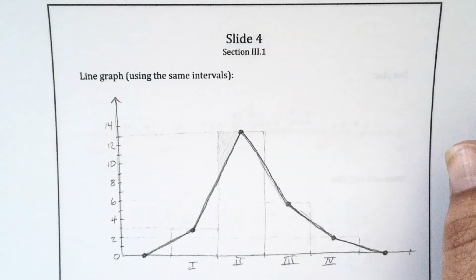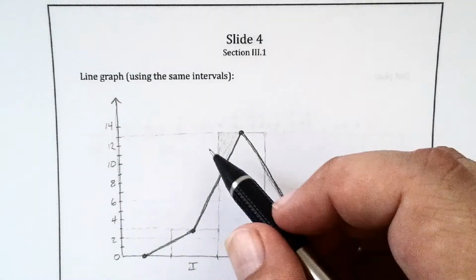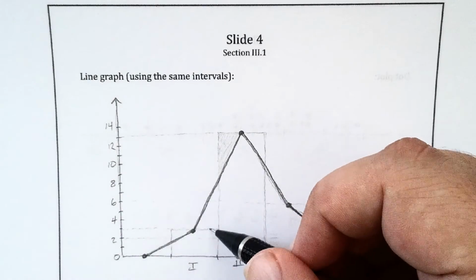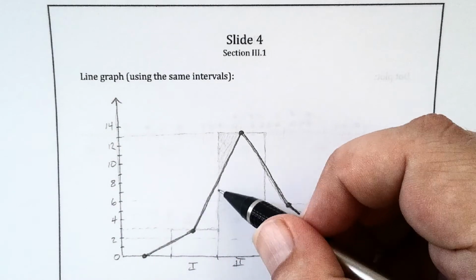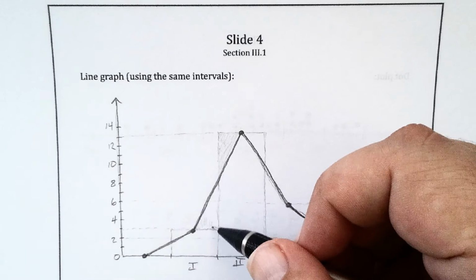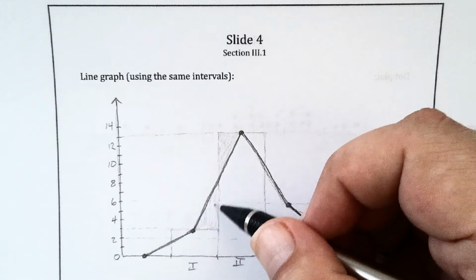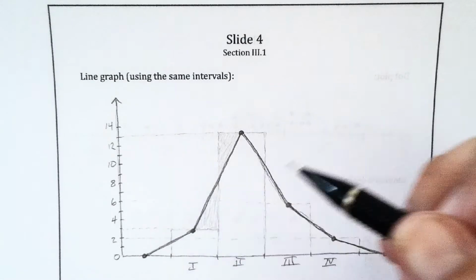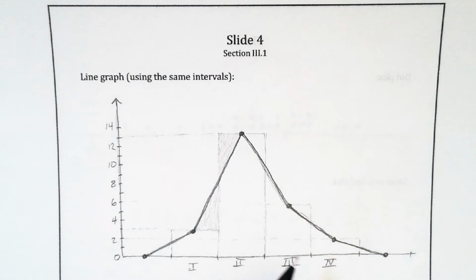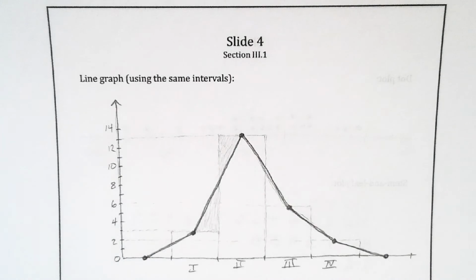If I take that little piece that I chopped off and imagine flipping it around upside down, it would fit in right here to kind of fill in that gap. And I could imagine doing that for each of those corners. And so what I'm doing is producing a graph that has the same area as the histogram.